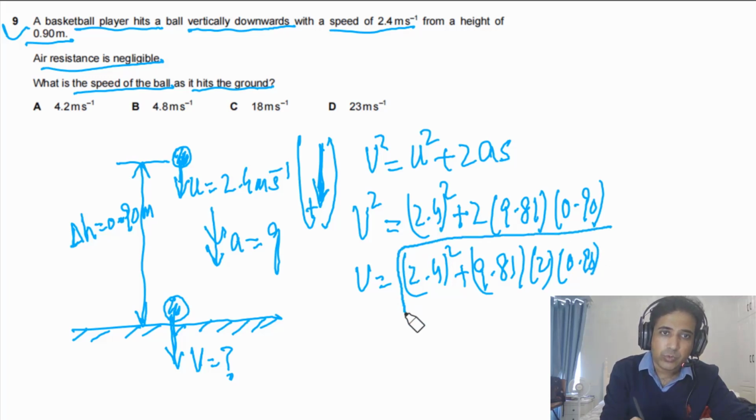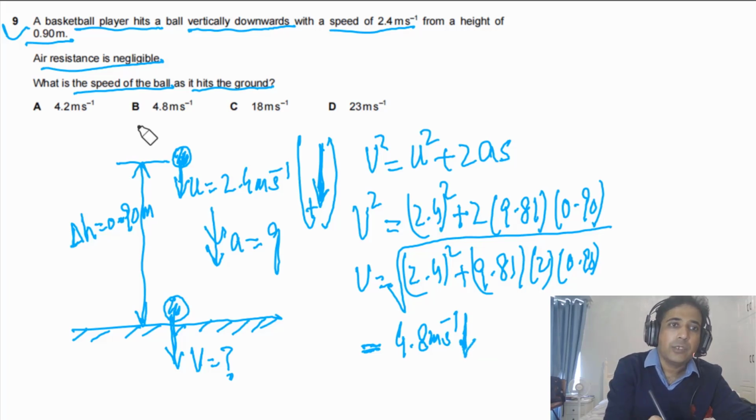Take the square root of this, and we keep the positive value because velocity is downwards. If we solve this, our answer will be 4.8 meters per second, and this velocity is down. So the answer for this question has to be B.